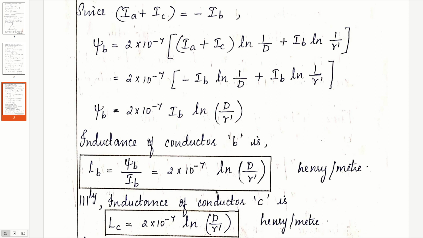So we can write in a similar way, inductance of conductor C, LC, is equal to 2 into 10 to the power minus 7 ln D by R dash Henry per meter. So for a three-phase transmission line with symmetrical spacing, the inductance of all the three conductors will be the same. LA equal to LB equal to LC equal to 2 into 10 to the power minus 7 ln D by R dash.